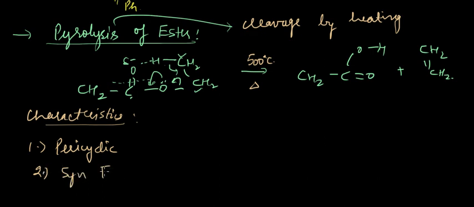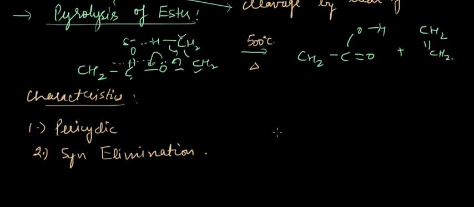Then we can say that it is a syn elimination, as we saw in the previous set of examples, where two nearby O minus and H were getting attracted to each other, thereby the C-H bond was getting broken and the O-H bond was getting formed, and this was taking place when the two were on the same side of the plane. Okay, in the examples which we saw, they were coming out of the plane. Third, the more acidic hydrogen is liberated.